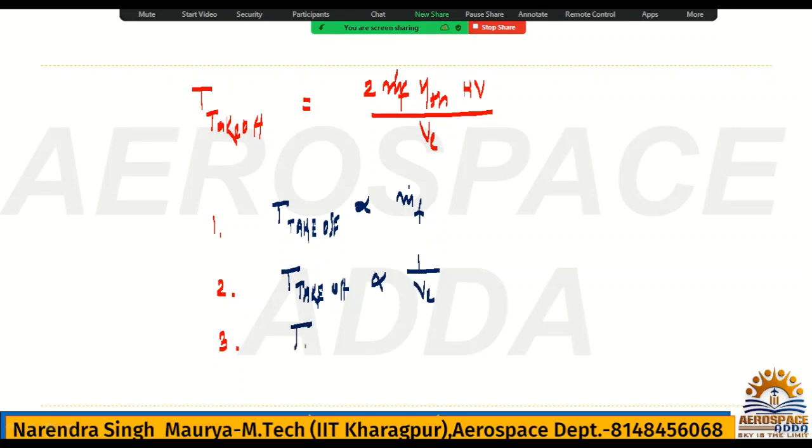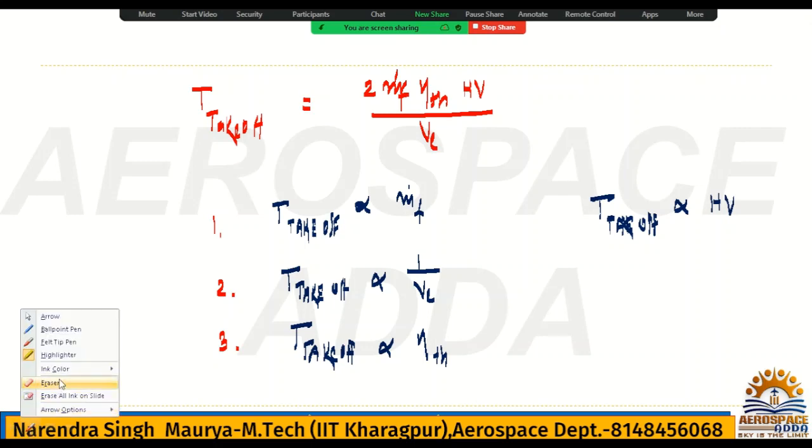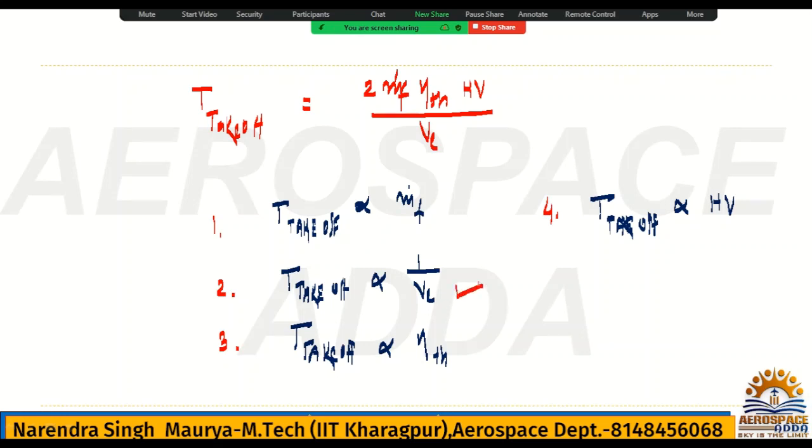T takeoff is directly proportional to thermal efficiency. T takeoff is directly proportional to heat value. All points you need to write, okay? And remember, they had asked this one. Anything they can ask.